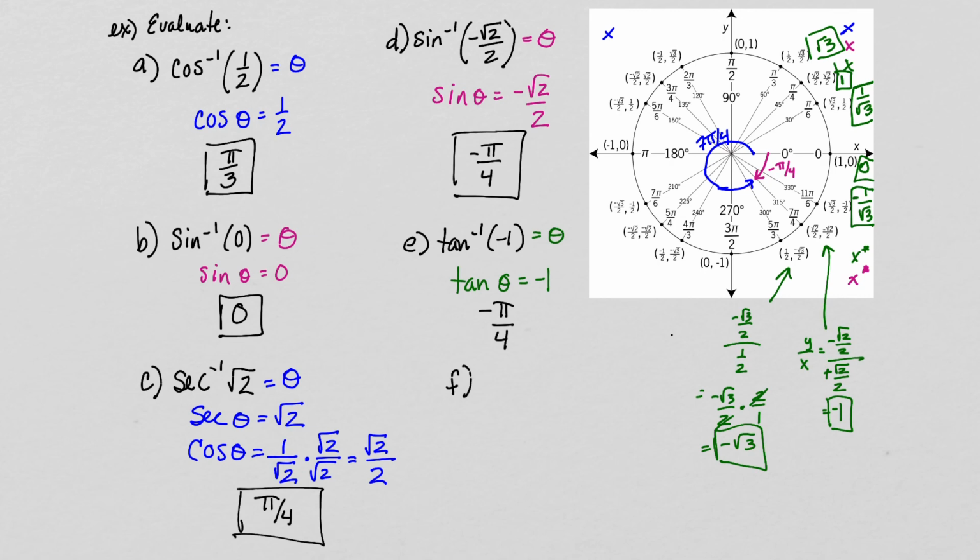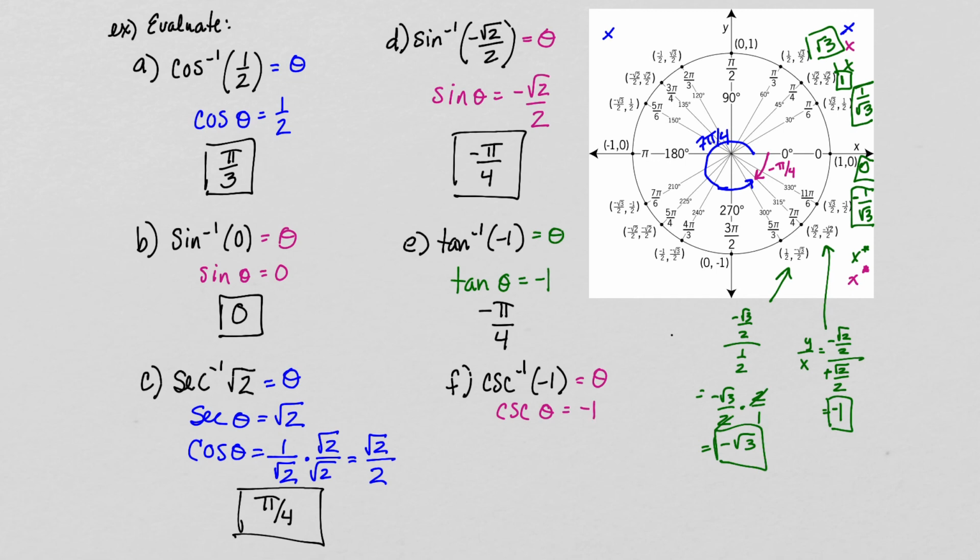Okay. So F, the inverse cosecant of -1. Remember this is equal to theta, so we're saying that the cosecant of theta is equal to -1.